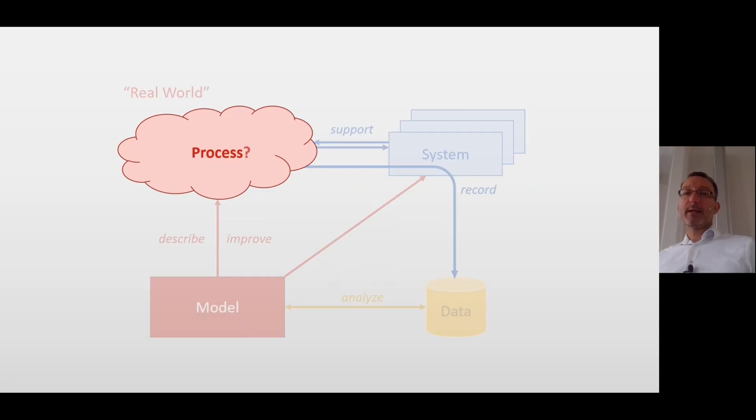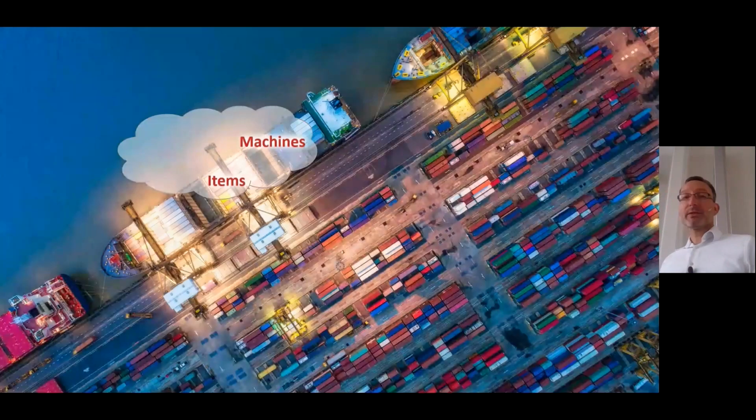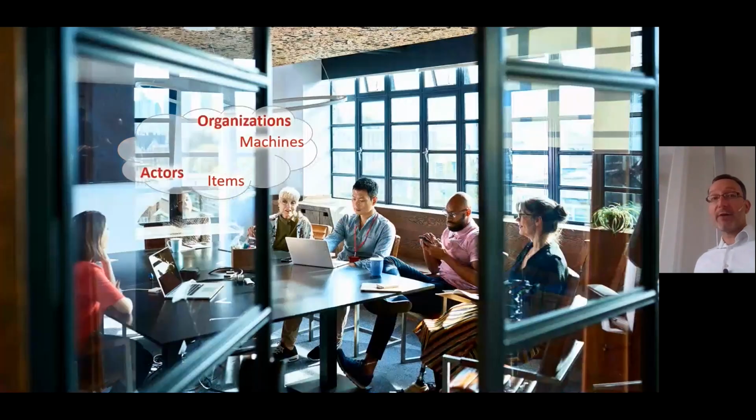So let's have a look at this process. What is a process? Processes happen in the real world. For example, in logistics, when we let machines move around items. That's not the first kind of process you think of, but they're happening. We have processes where people work in organizations.